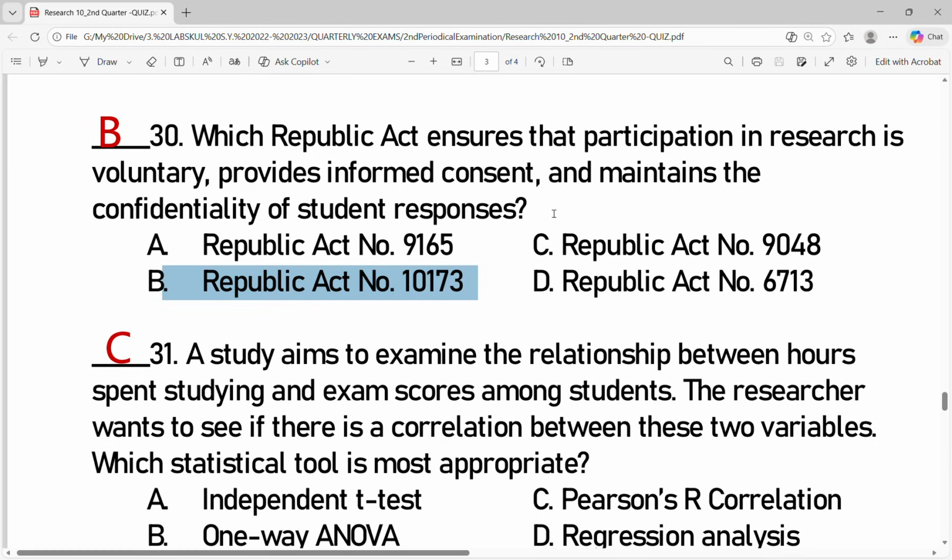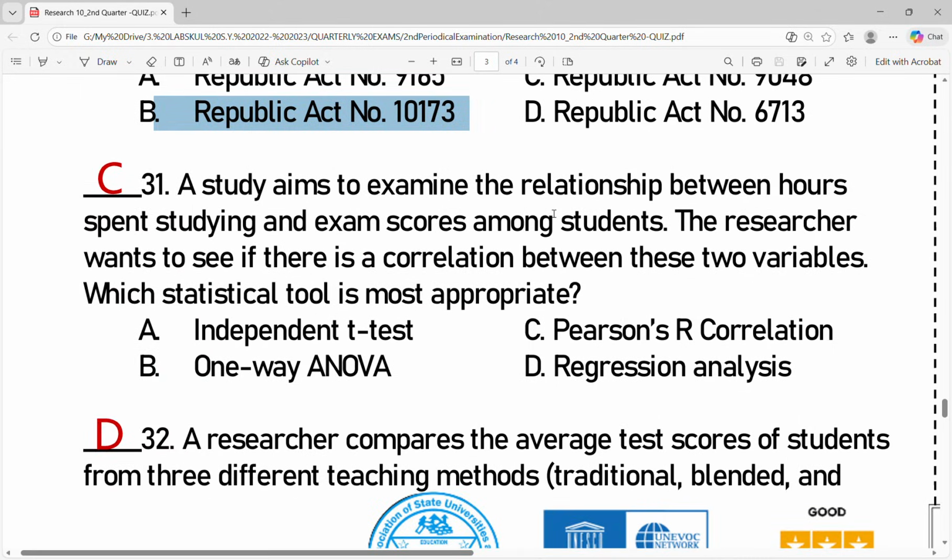So as researchers, you have to be very responsible in keeping those confidential data that you have gathered from the participants.